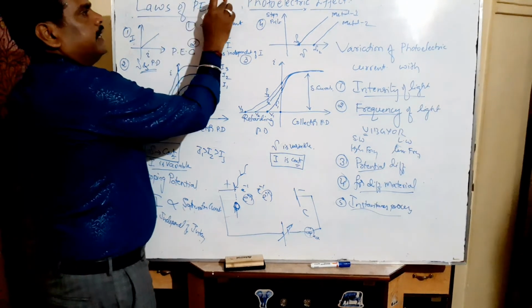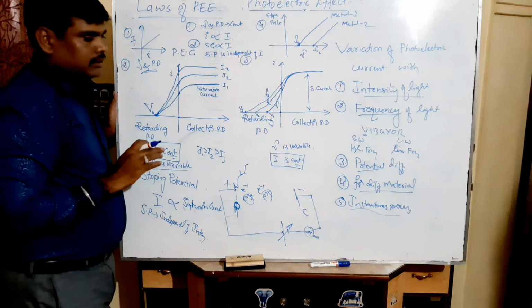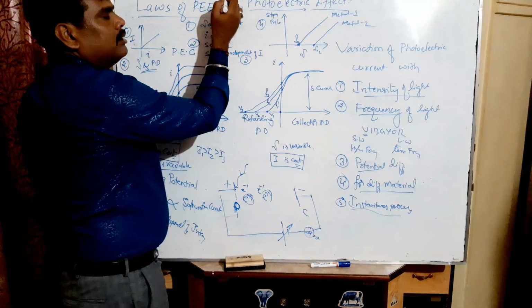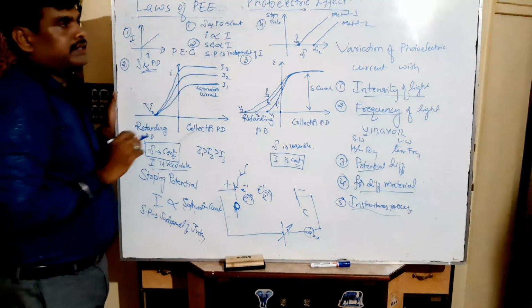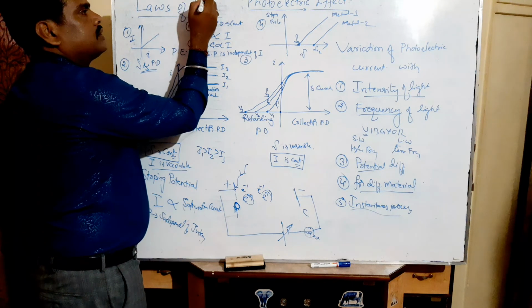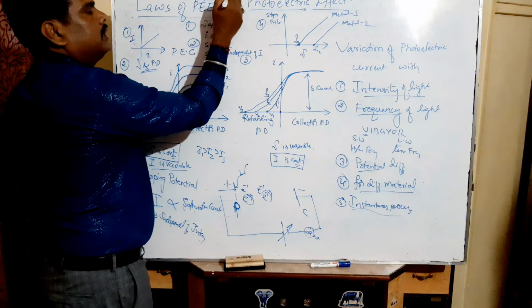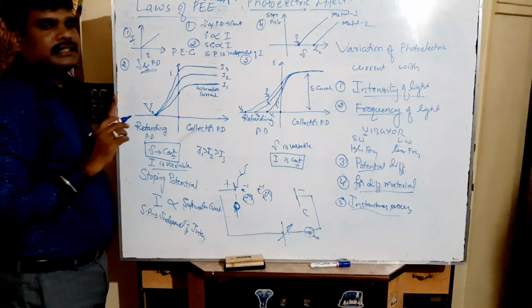But the saturation current is independent of frequency. So the saturation current is independent of frequency, but the stopping potential is directly proportional to frequency. This is the third statement.